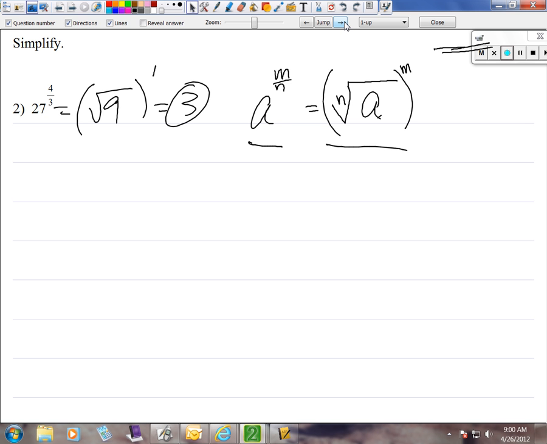Change that, at least rewrite it, number 2, in radical form. Write it in radical form. Then you simplify like we did about a week ago.